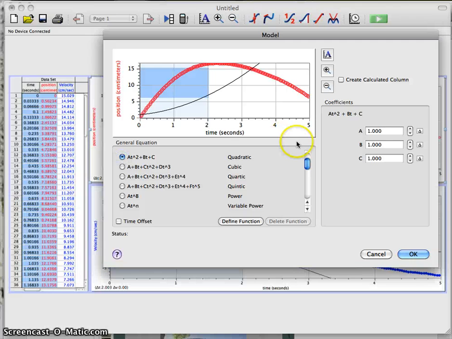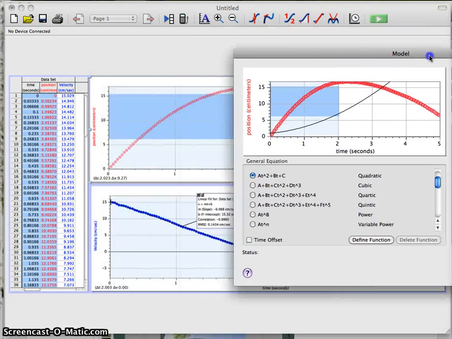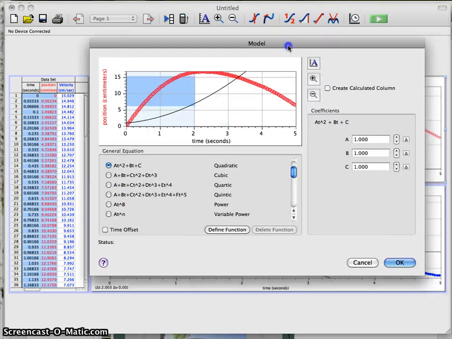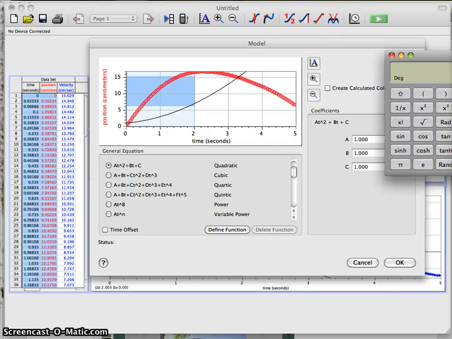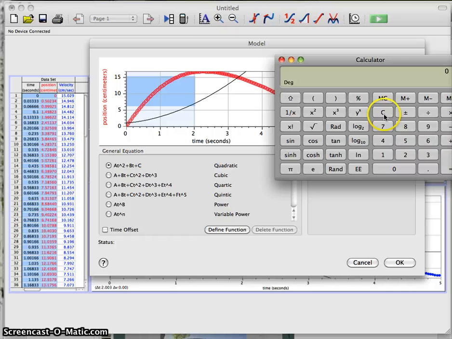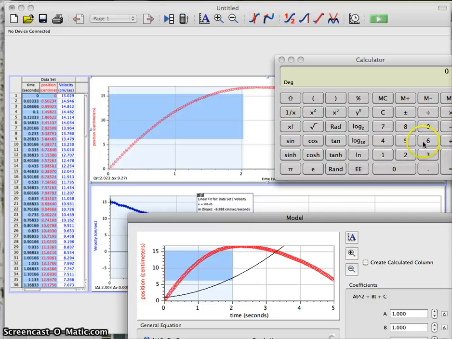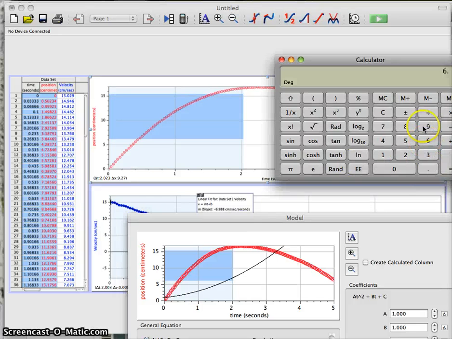Whoops, quadratic's up here. My acceleration was -6.998. I want to cut that in half. 6.998 divided by 2 is 3.499.